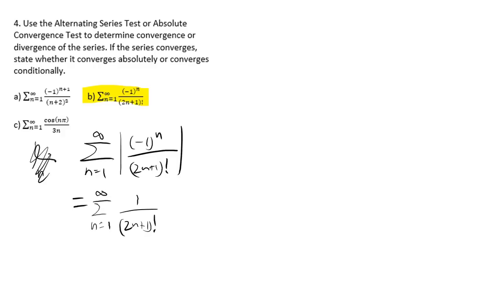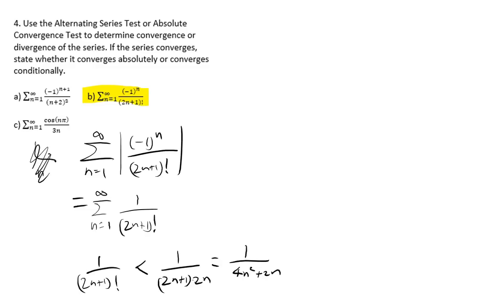But since we've seen so many ratio tests, let me just take a shortcut here. If you have 1 over (2n plus 1) factorial, that means 1 times 2 times 3 times 4 until 2n plus 1. So this would be less than 1 over (2n plus 1) times 2n, which is like 1 over 4n squared plus 2n.